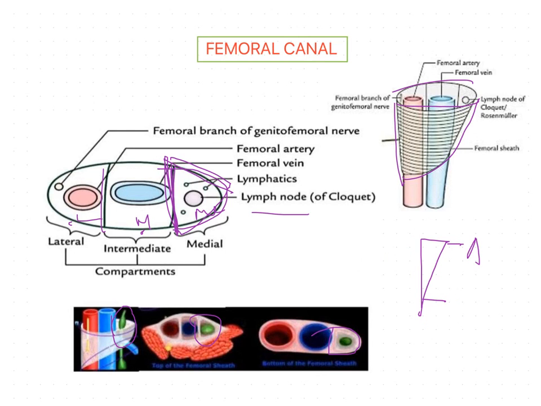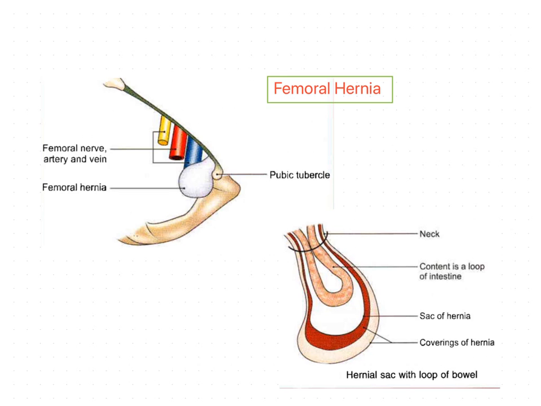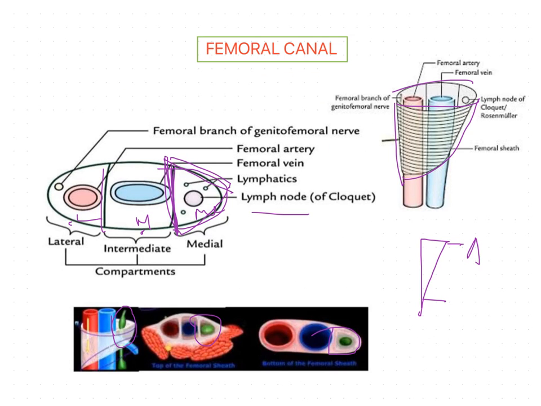Of course this is applied anatomy, but anteriorly the femoral canal is related to the inguinal ligament. Posteriorly, as we know, the floor of the femoral triangle is formed medially by the pectineus and adductor longus, but posterior to the femoral canal is the pectineus muscle and its fascia.